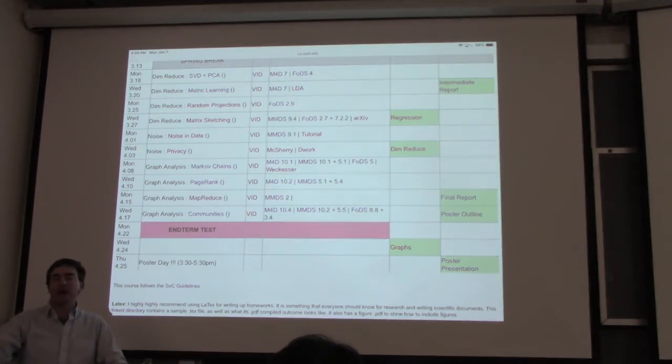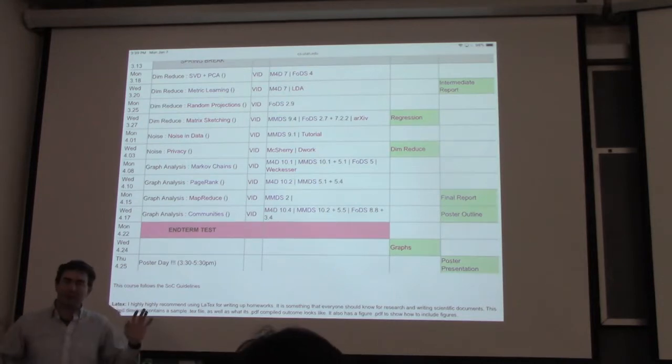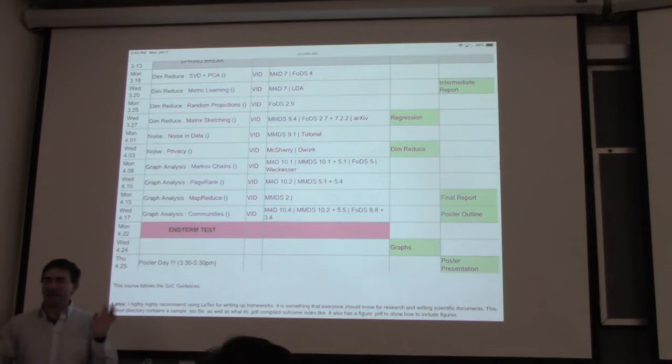Everyone will go around and vote on their favorite poster, whichever you think is the best overall project according to the poster. The best ones will get extra points. And you'll get to design the posters yourself. It'll be a lot of fun.